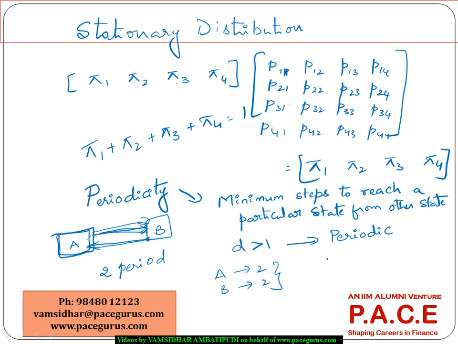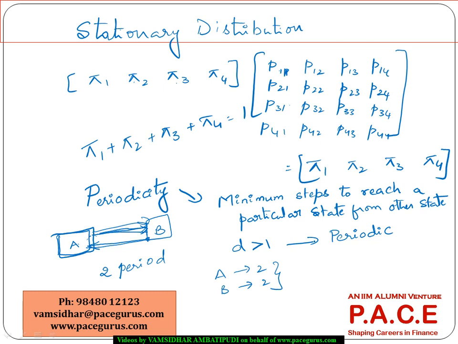So in this case we say that the periodicity for this process is 2. The minimum possible number of steps to reach a state back again from the same state is what we call the periodicity.